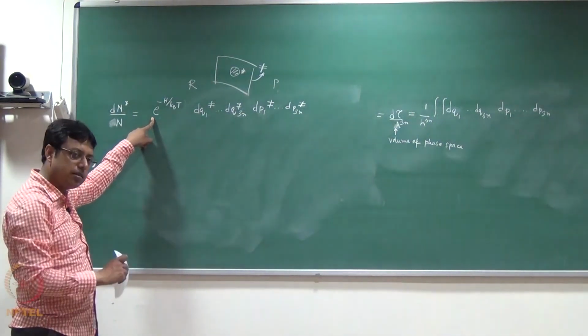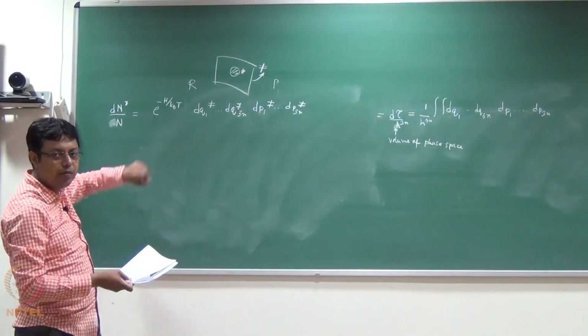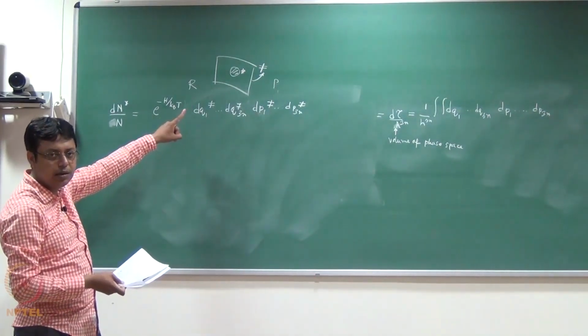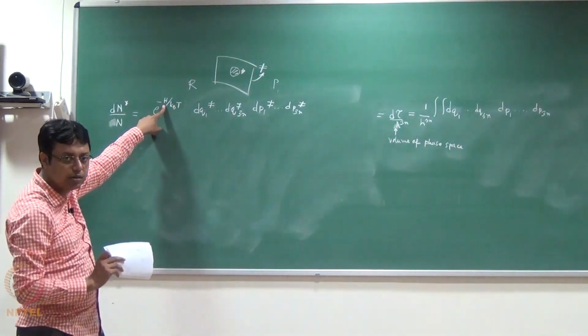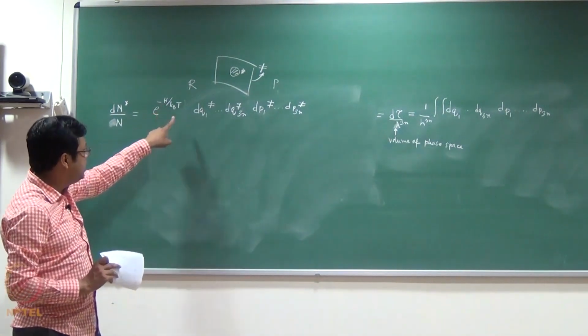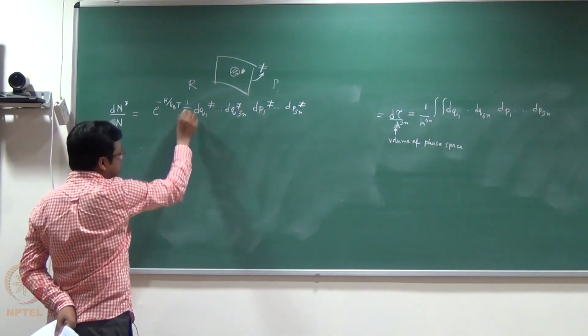That actually comes from classical statistical mechanics, but you have also seen it in the partition function, where I always have e to the power minus E0 by kBT. But at this point, this h is a classical value, just classical.